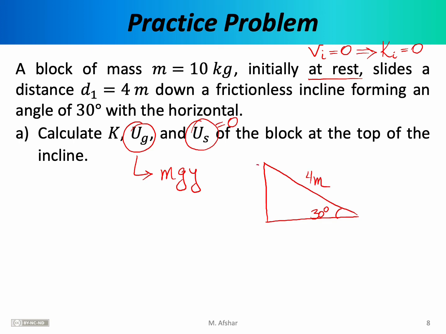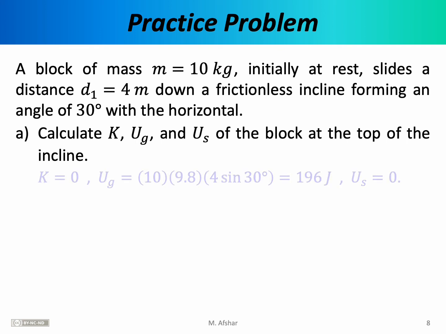What we're really interested in is the height of this inclined plane, and we can calculate that using a little bit of geometry. We can find that this height must be equal to 4 sine of 30. So we can calculate the gravitational potential energy by multiplying m with g with 4 sine 30. The end result of all that is this.